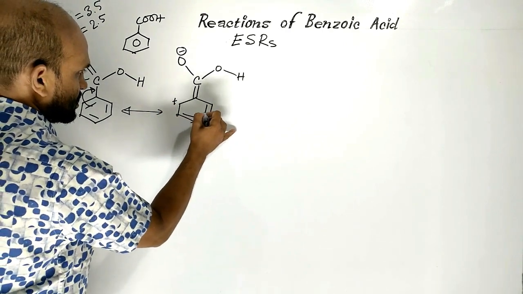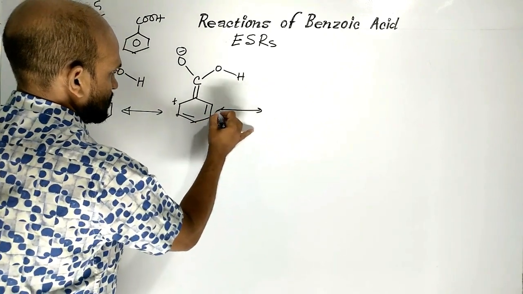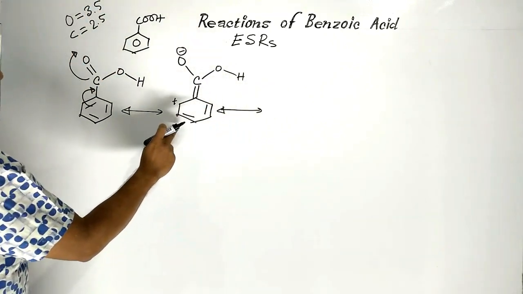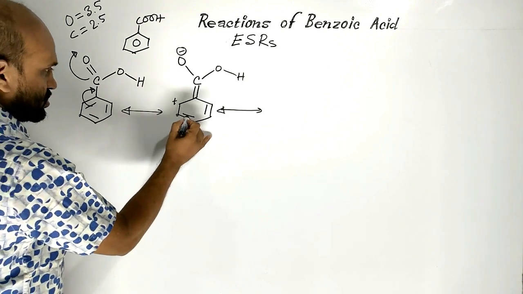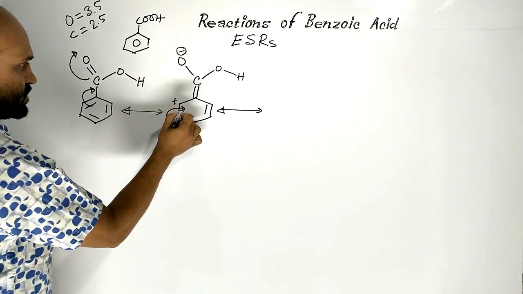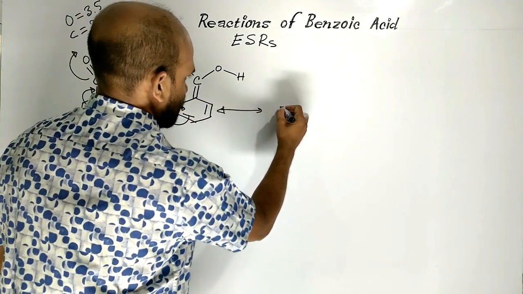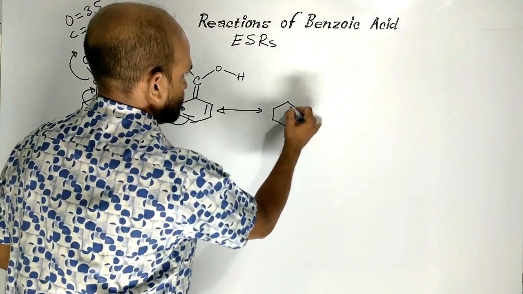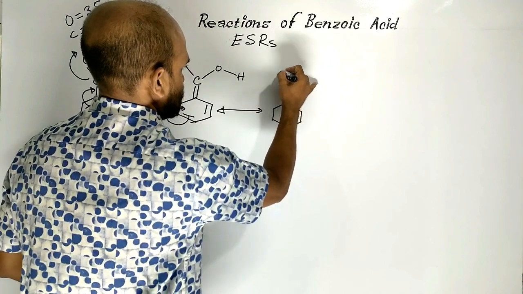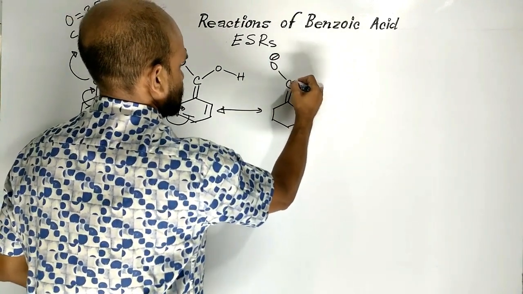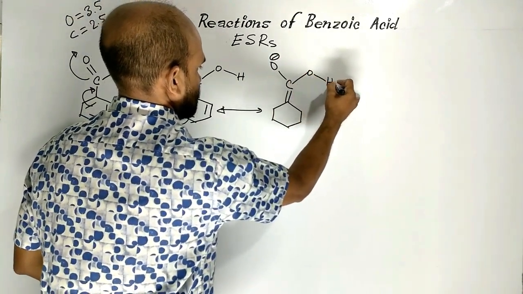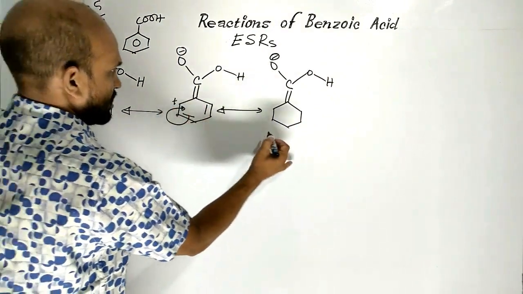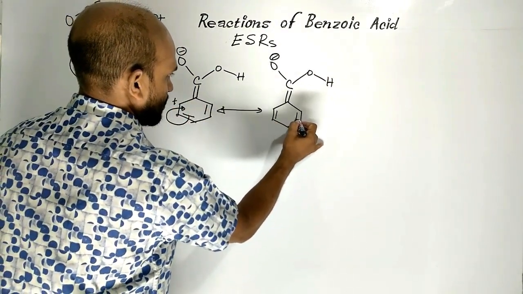Here double bond, here double bond. Then this pi bond moves here, and this is obtained. Here double bond, here double bond.